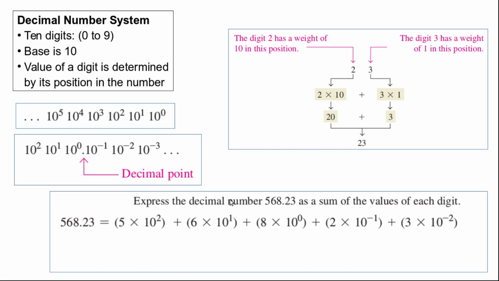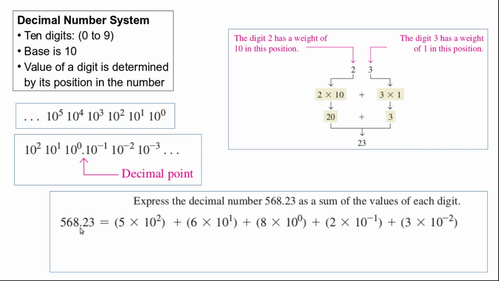Now let us try this question which says: express the decimal number 568.23 as a sum of the values of each digit. So in 568.23, we have a decimal point, and to the left of the decimal point, 8 will have the weight 10 to the power 0, 6 will have the weight 10 to the power 1, and 5 will have the weight 10 to the power 2.